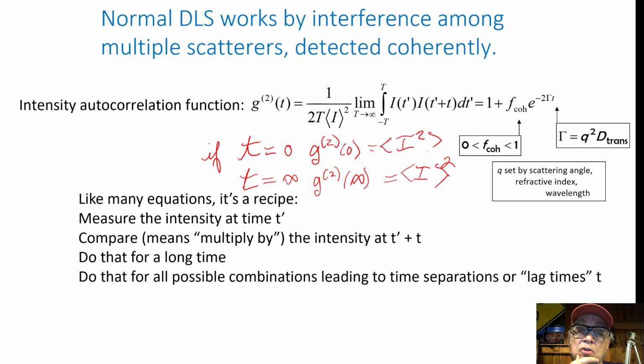So what you get is the average squared. And what you get when t is equal to 0 is the average of the squares. So which do you think is bigger?